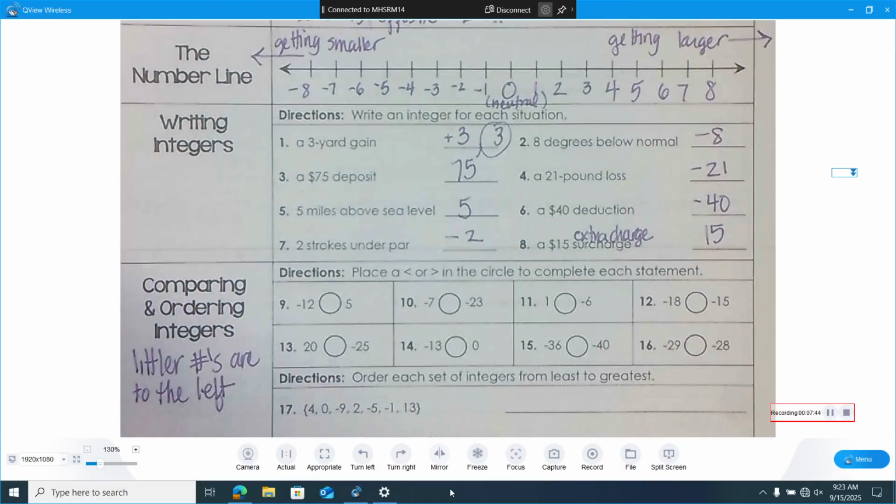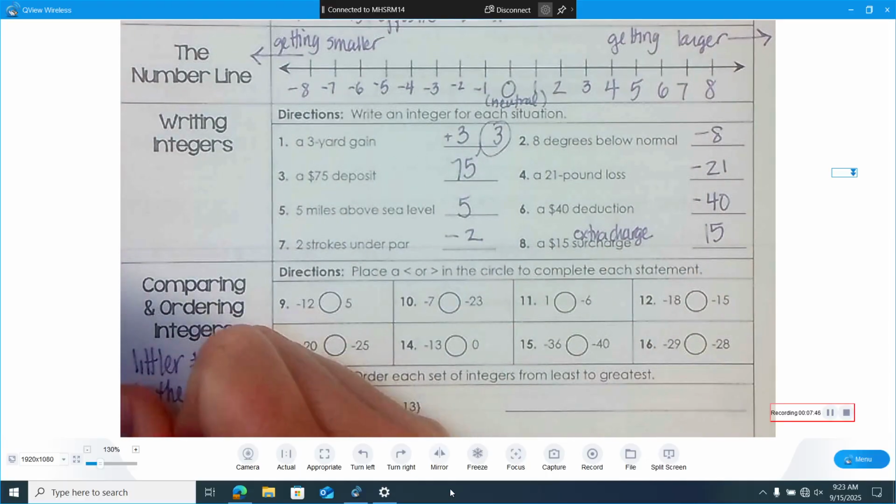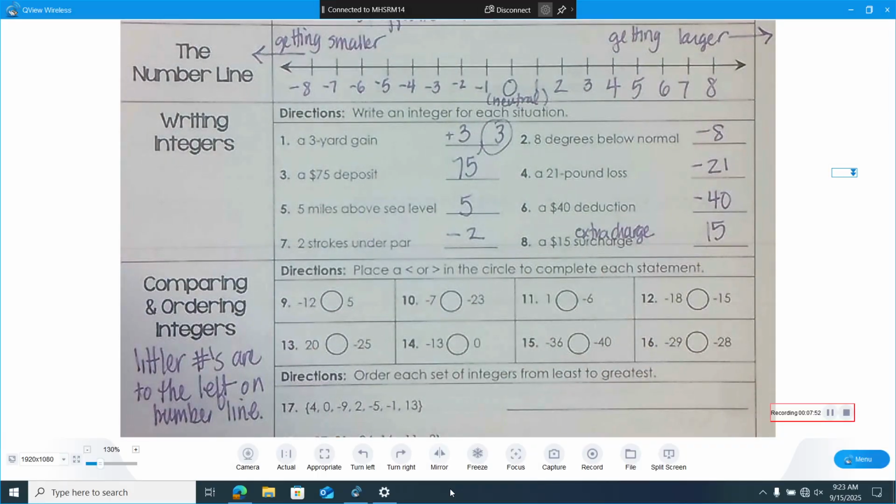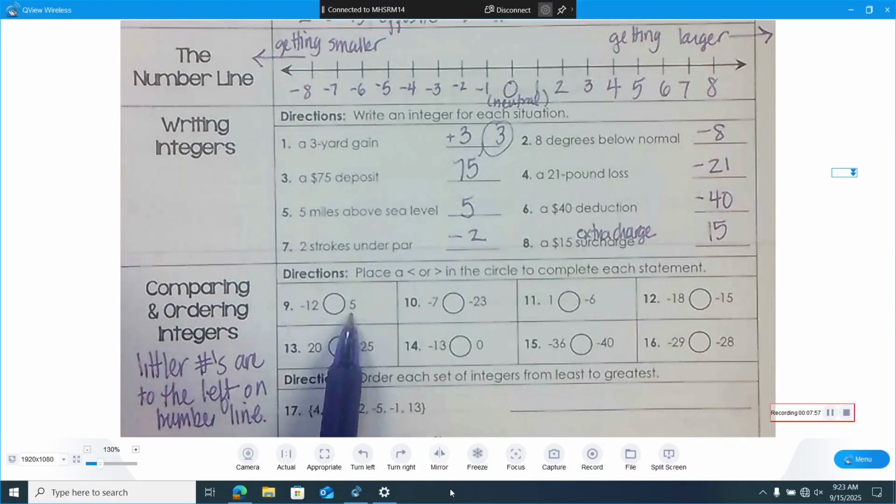The littler numbers are to the left on the number line. So when I think about ordering these integers, I am going to think about which of these values on my number line is further to the left.